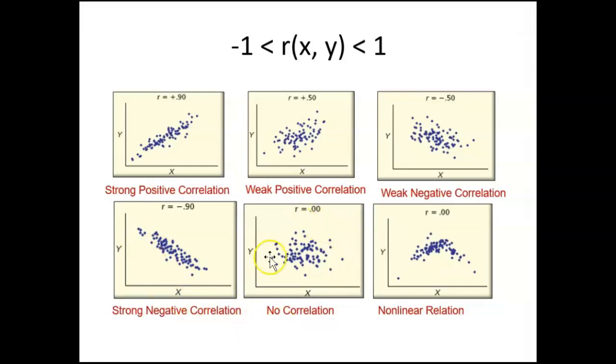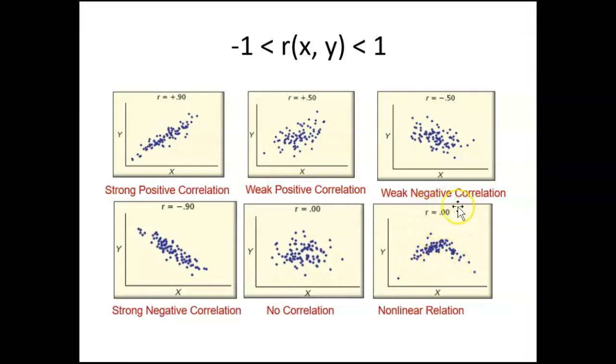Note when there's no correlation, in the scatter plot it's difficult to detect any pattern between the two variables. And we can't lose sight of the fact that even though there's no linear relationship between the two variables, there might be a nonlinear relationship between two variables.